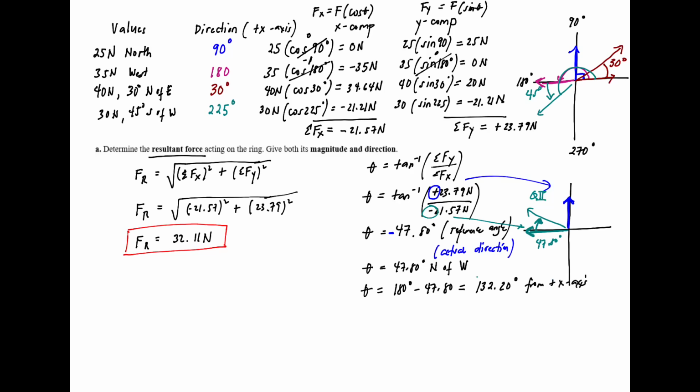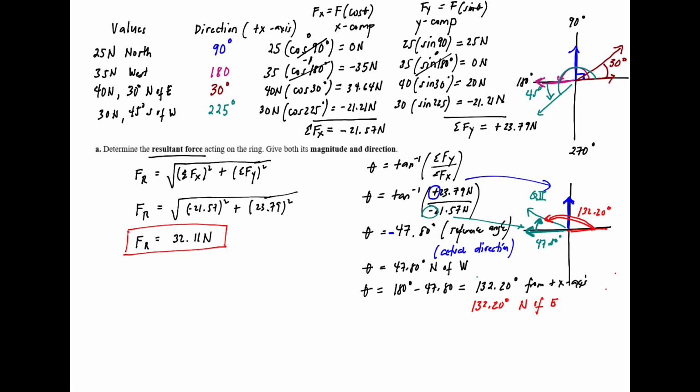That means the angle goes from the positive x going here, that is 132.20 degrees. And you remember that this is the standard for math. Or we can say 132.20 degrees north of east, that is from east going to the north.